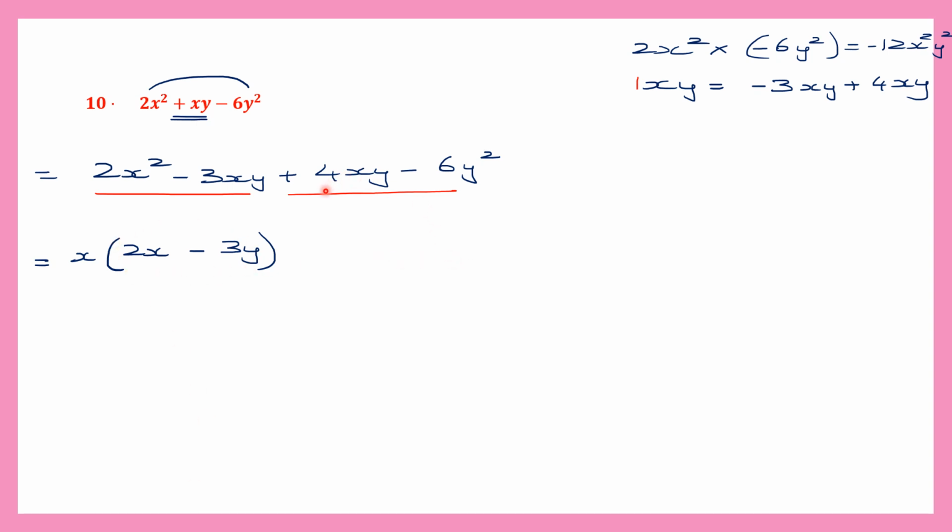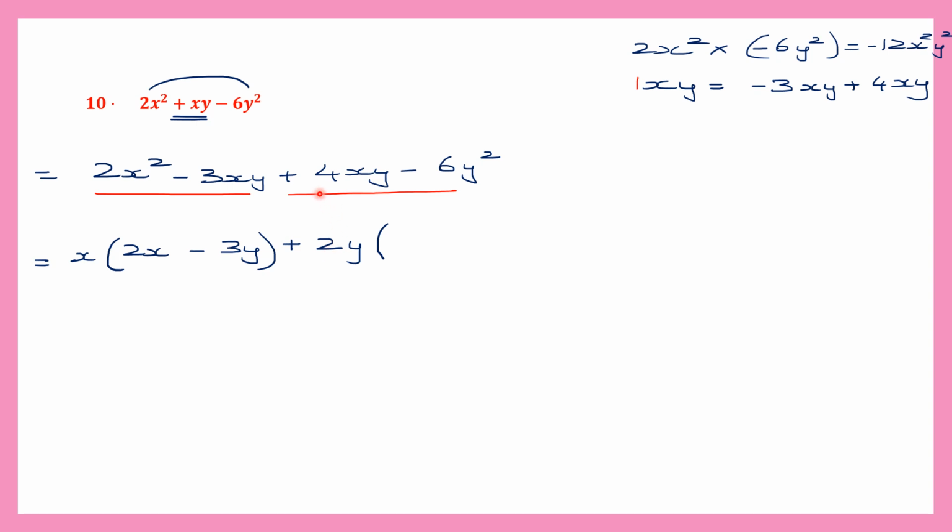So let's look out for the common terms here. What is common? Now both 4 and 6 are divisible by 2. So I can say plus 2. Now what else is common? X is not common, but y is common. There is one y here and two y's there. So I can take one y out here. And now I can put the rest in brackets. So here I have 2y, here I have 4xy.